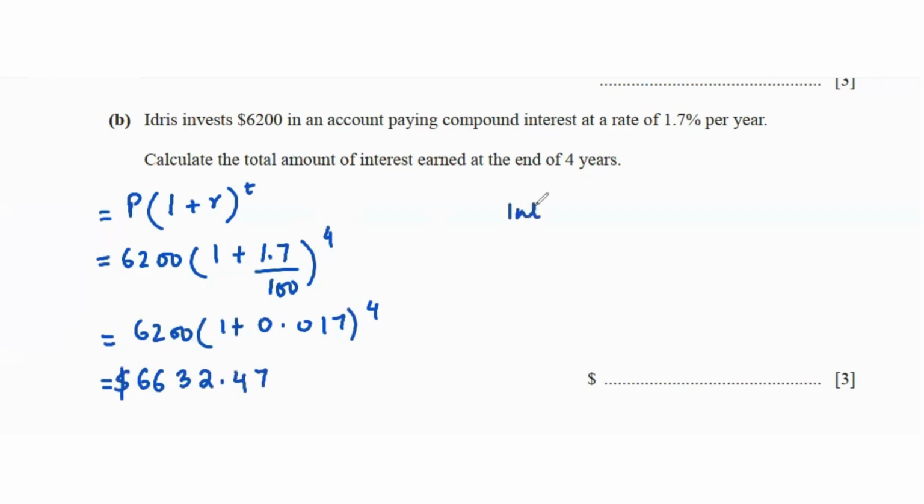Now the interest is going to be this amount minus your principal amount, 6,200. So that's going to give us $432.47. That is the total amount of interest he's earned at the end of 4 years.